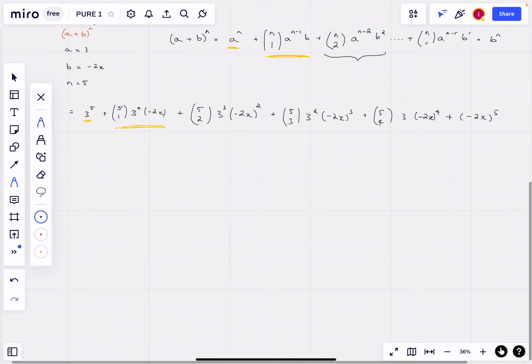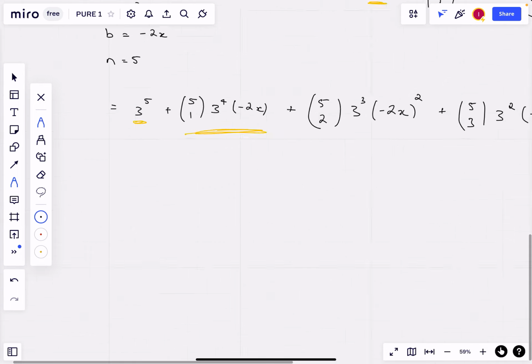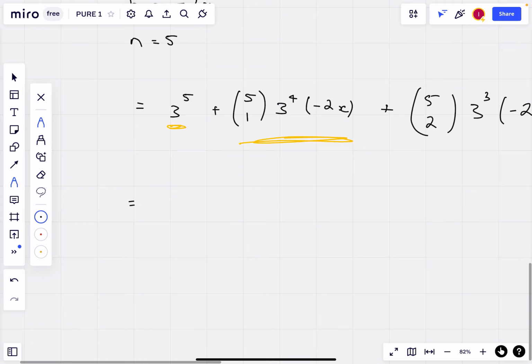Now it's just a matter of plugging it in the calculator. So let's do it. Type in 3 to the power of 5 in your calculator. What do you get? 243. Next, I want you to do it periodically. I want you to break it up.